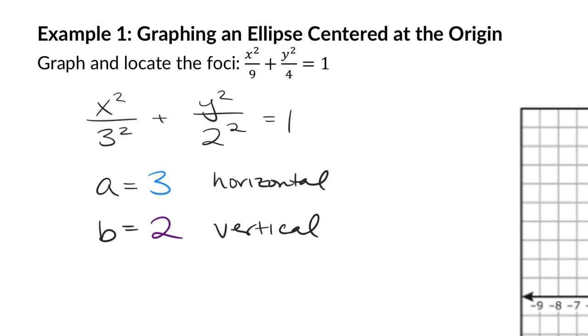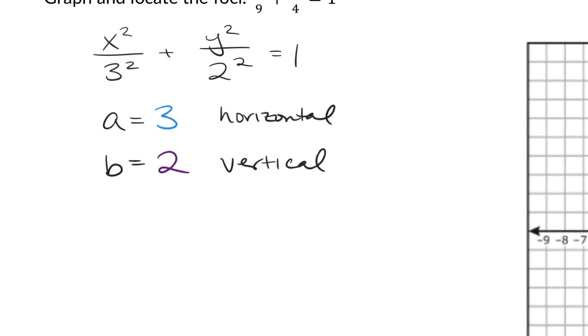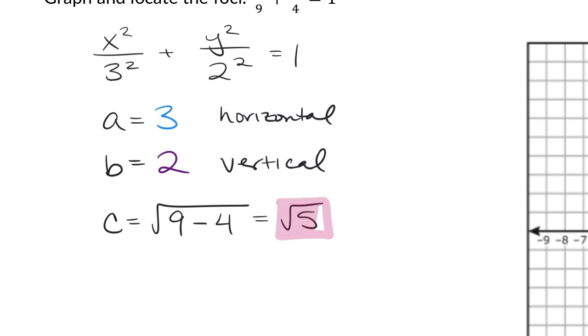Since we have a and we have b, we can also use those values to find c. Now remember, c is equal to the square root of a squared, which is 9, minus b squared, which is 4. 9 minus 4 is 5. So the c value here is square root of 5.